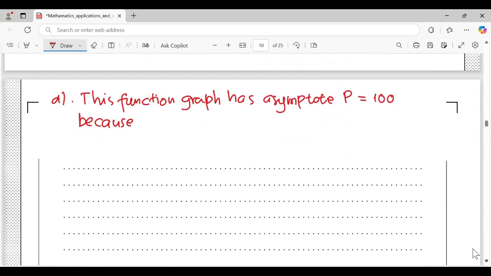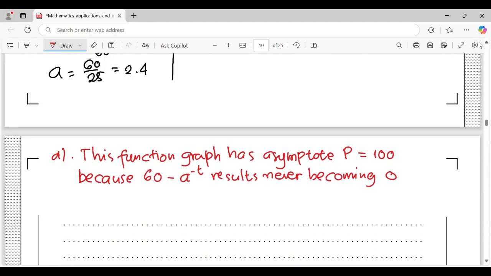If it became zero, it would mean there's no asymptote. The term 60 times a to the power minus t never becomes zero. So that's why the asymptote is P equals 100. Okay, I think this is clear.